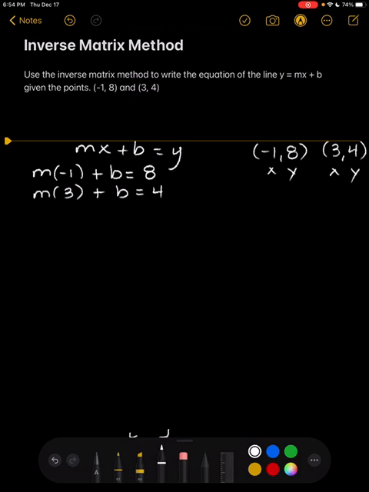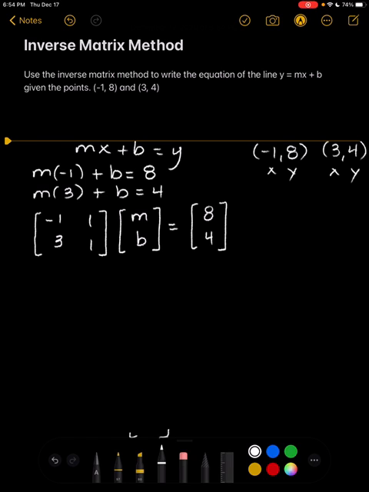Rewriting this in matrix form, we'll write down the coefficients of slope, the coefficients of your y-intercept, and we're multiplying this 2 by 2 matrix by a 2 by 1 matrix, which are the variables m and b, and we're going to set it equal to our y, 8, 4.